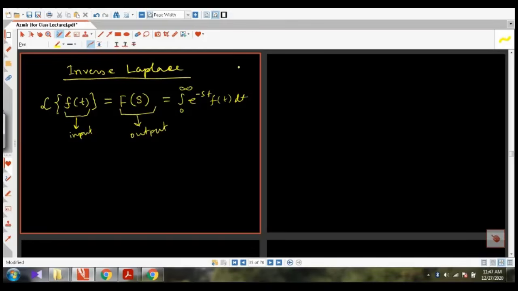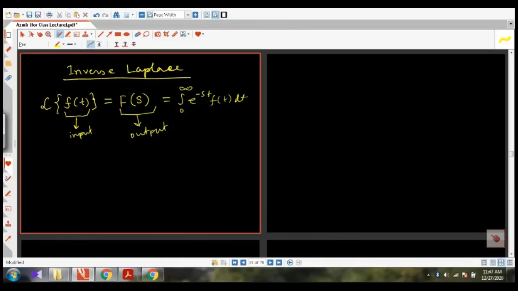This is the continuation of the previous consultation. In the previous consultation I discussed what Laplace transformation is, how to deal with the formulas and with the properties of Laplace transformation.